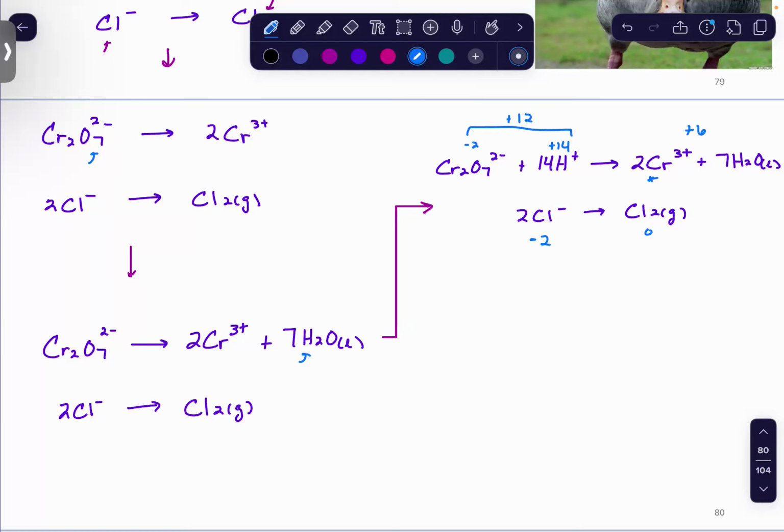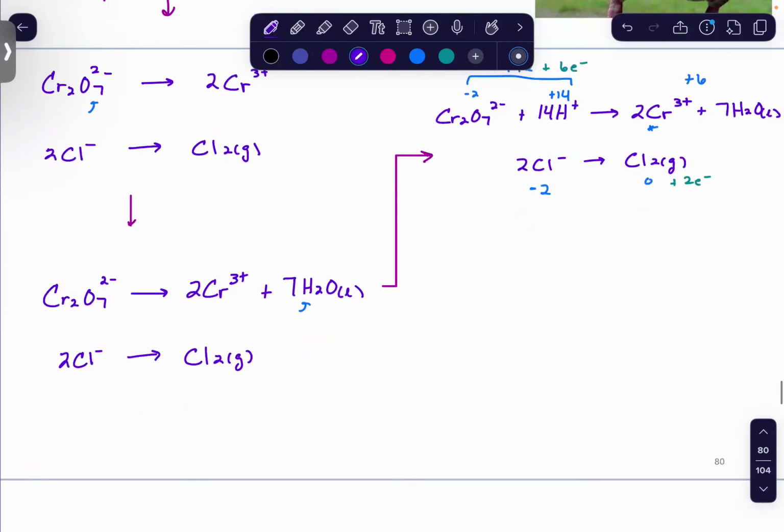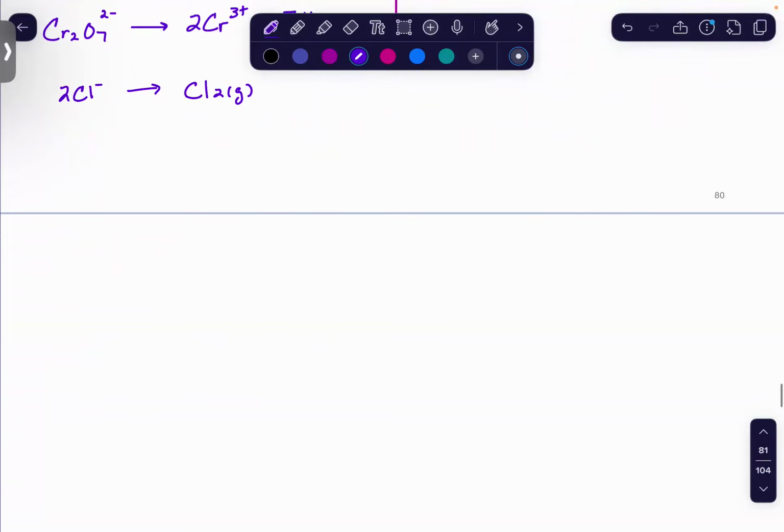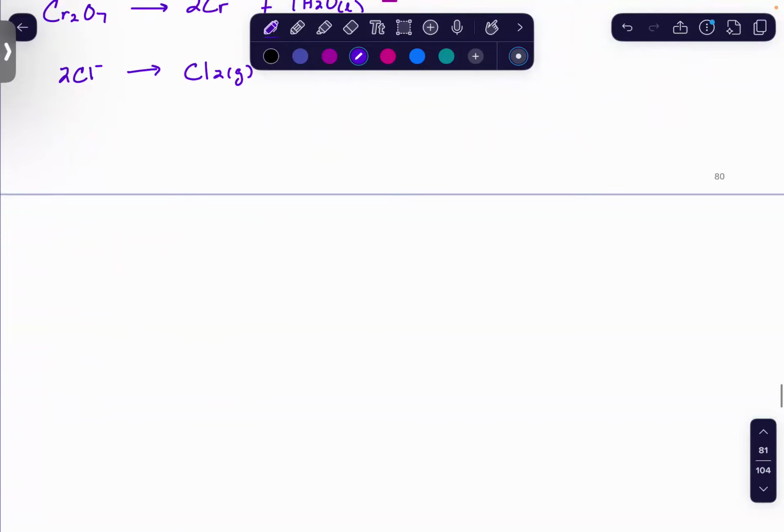Okay. Now what that means is, to make these match, my chromium equation is going to have to get 6 electrons. I take that +12 to a +6, and then 2 electrons there to take the 0 to a -2. Okay, so that next step.